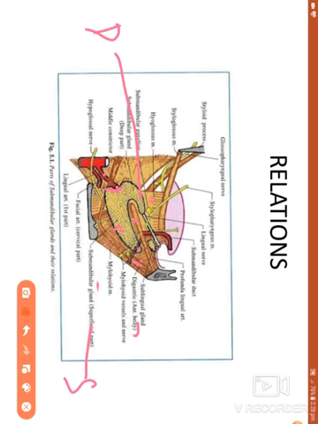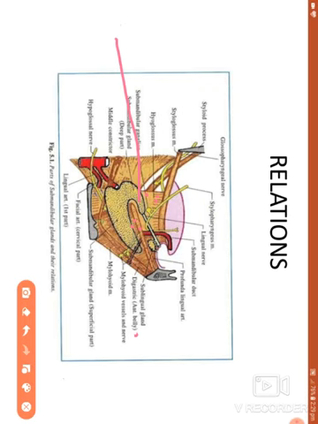Then, next is the relations of the deep part. This is the deep part which lies between this mylohyoid and this hyoglossus. Medially it rests over this hyoglossus muscle, laterally this mylohyoid.